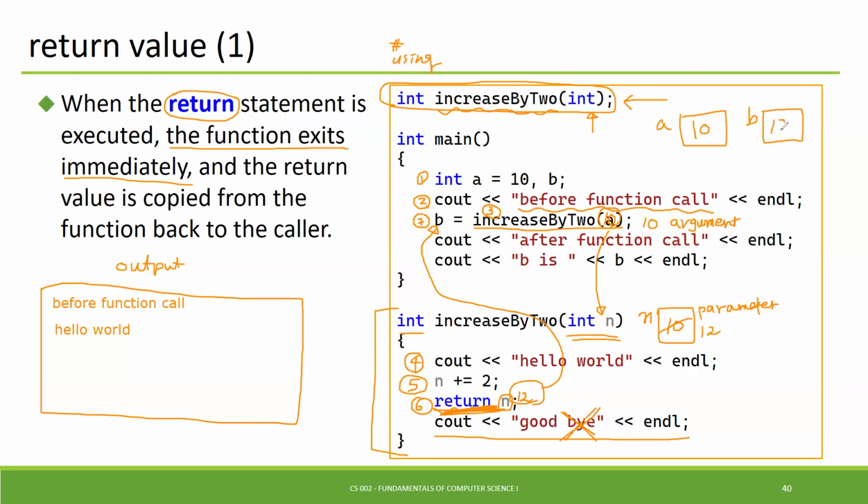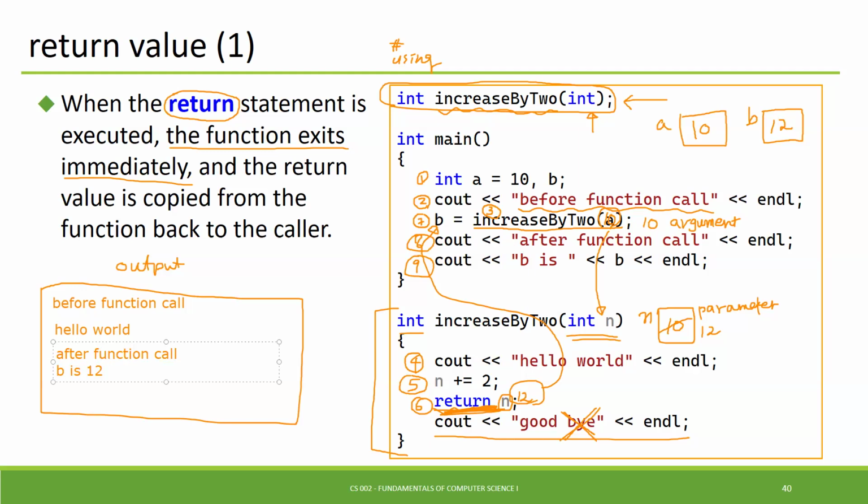And then after function call and B is 12 will be printed out.